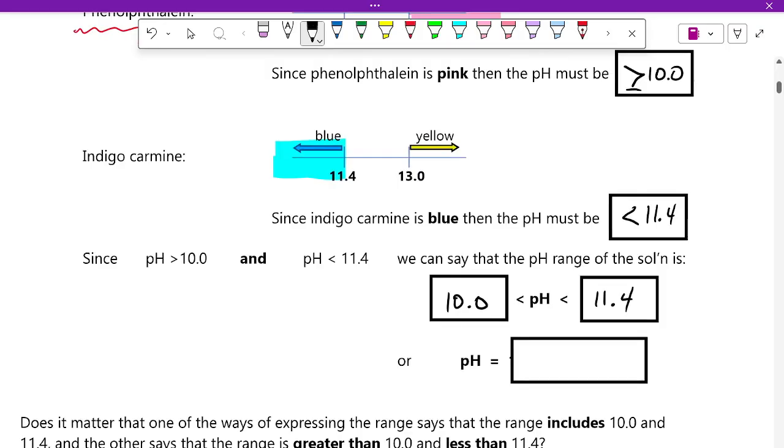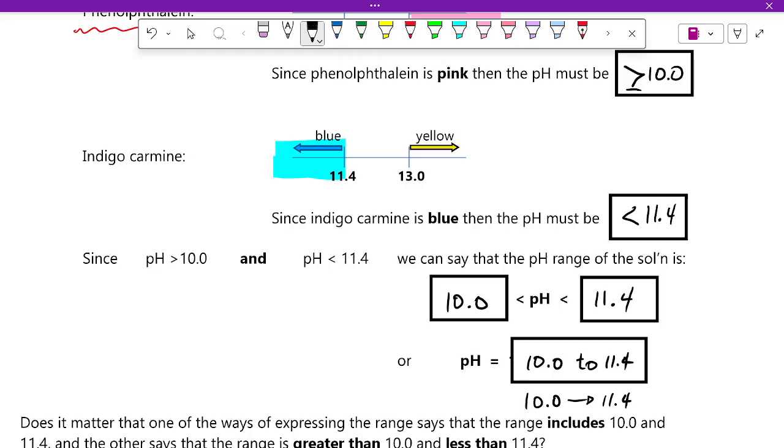Or you could say the pH is between 10.0 and 11.4. Or you could write 10.0 to 11.4.